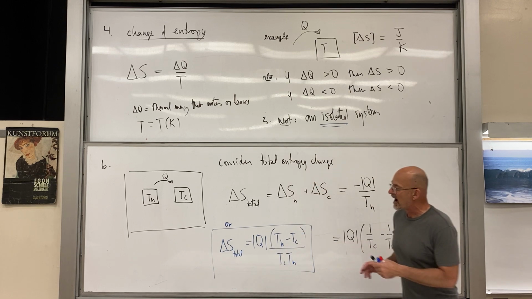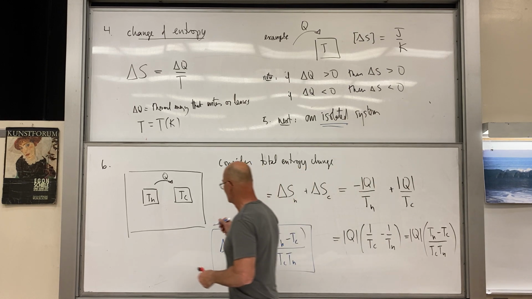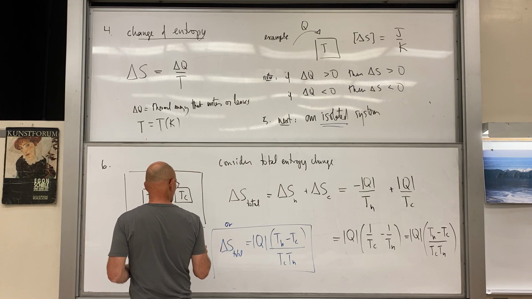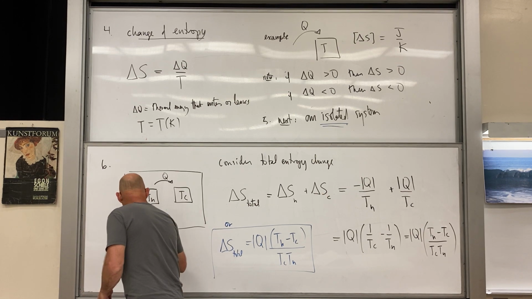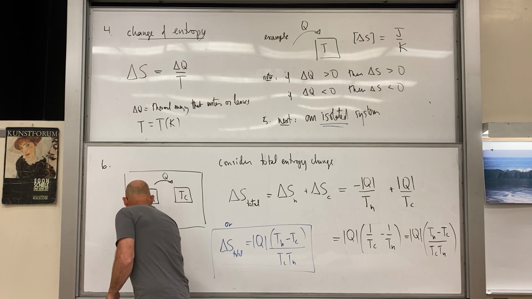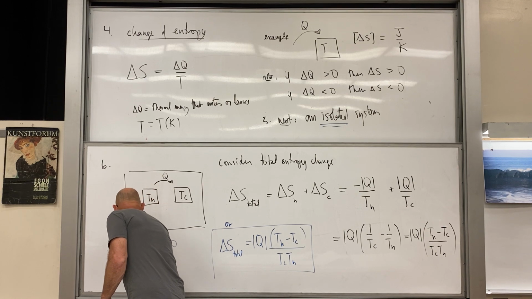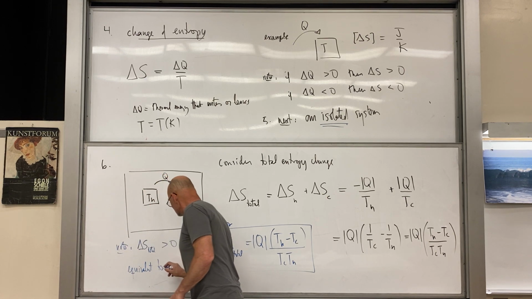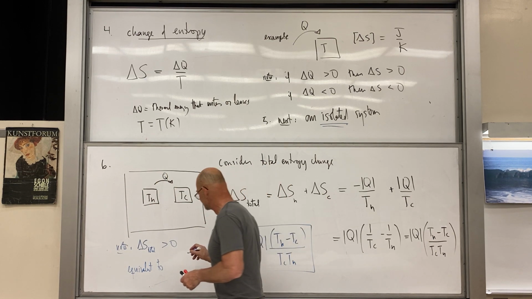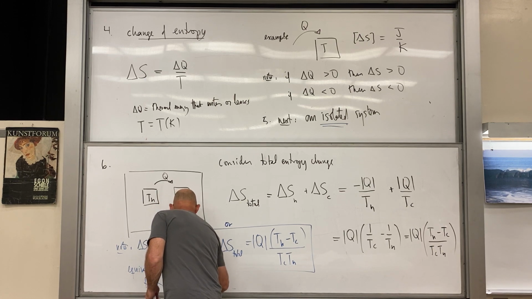Important point. Now, go ahead and write this down here. So as a note, we have delta S total greater than 0 is equivalent to heat flowing from hot to cold. Hot to cold. Okay?